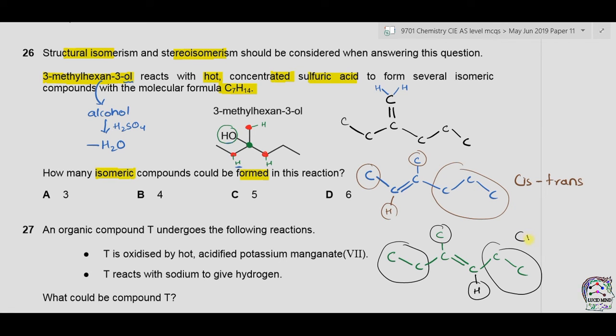So again cis-trans is possible. No other product is possible, so we have 1, 2, 3, 4, 5 possible isomers formed. The answer is therefore C.